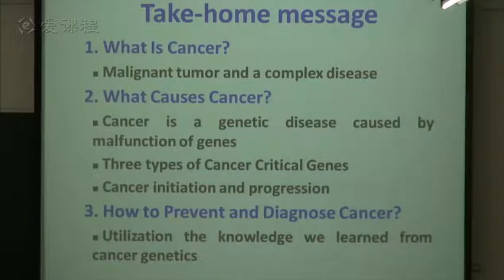And I introduced 3 types of major cancer critical genes, which are proto-oncogenes and oncogenes, tumor suppressor genes, and DNA repair genes. And then I discussed how these cancer genes cooperate to trigger cancer initiation and progression. And in the end, I introduced how we can utilize this knowledge to prevent and diagnose cancer, which is far more effective than cancer treatment.